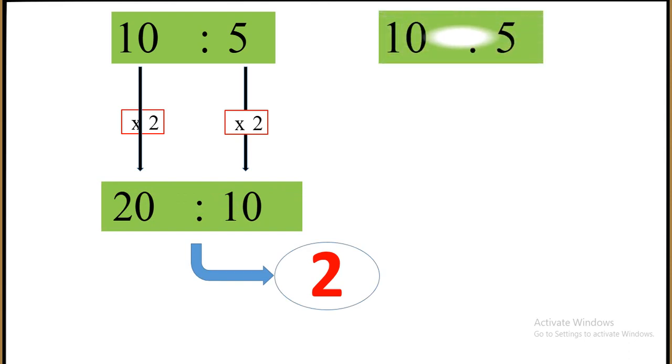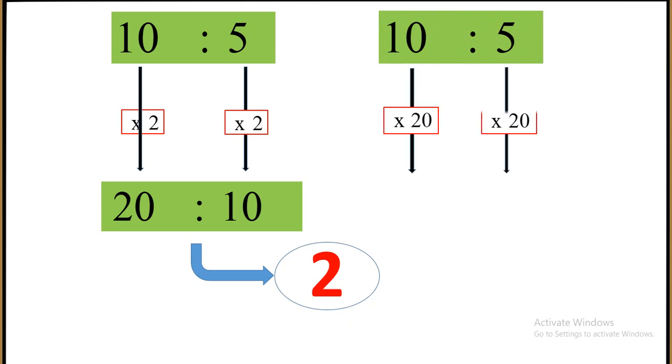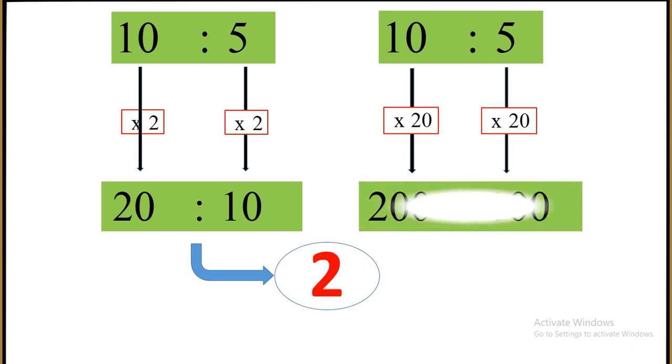And also 10 divided by 5, when both of them are multiplied by 20, we get 200 divided by 100, and the result is also 2. Different expressions with the same result.